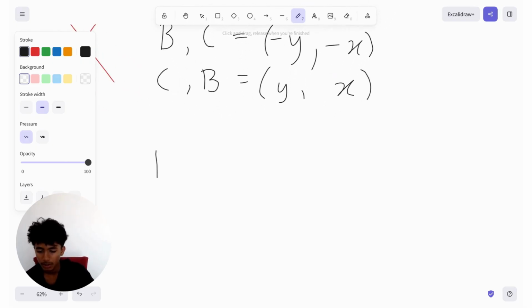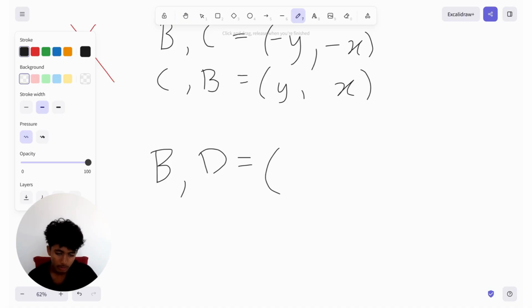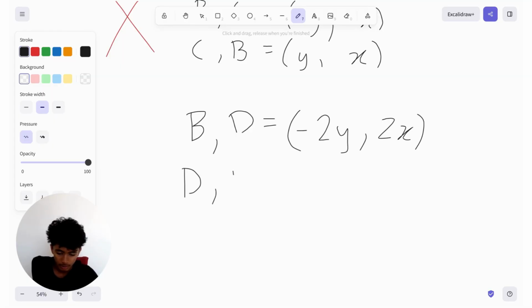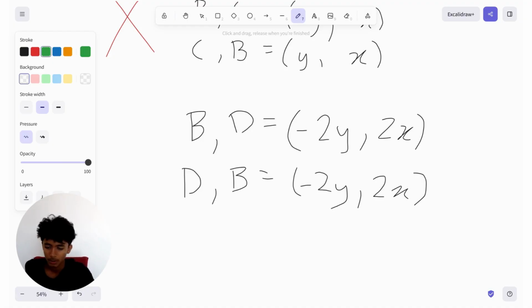Now let's try B and D. Since B is negative y comma x, and then D just doubles both values, this would just be negative 2y comma 2x. And then D and then B would be the exact same thing, meaning that this works.